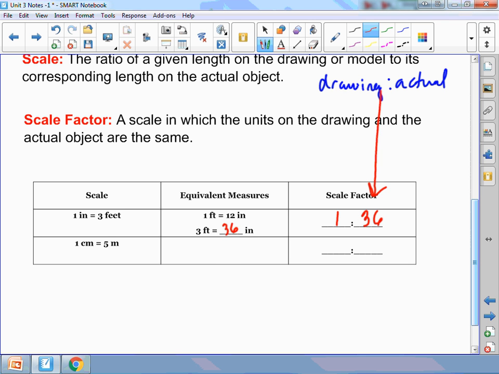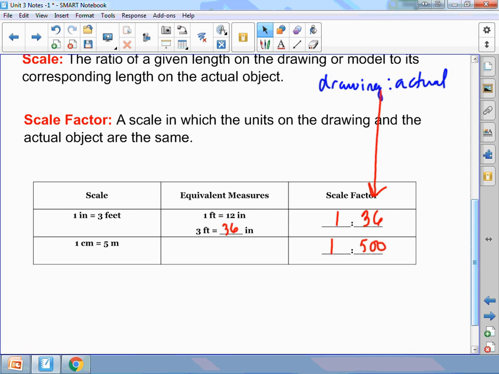Let's say 1 centimeter on a drawing is 5 meters of the actual object. I would convert meters to centimeters in this case. Nadia? Yeah, it's a 1 to 500 scale, which means the actual object is 500 times the size of the drawing or the model, whatever it is.